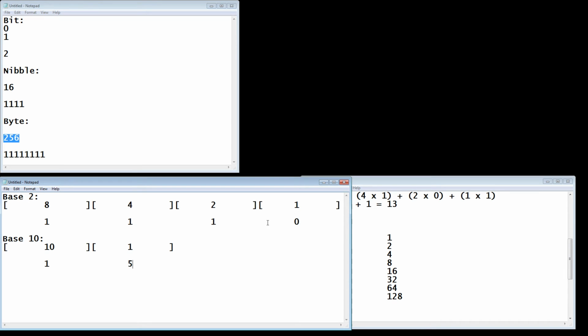All right, and there's nothing here, so let's put it right there. All right, so as you can see, you know, we're counting up in the same way, and we have to carry in the same way as the base 10 system. It's just different numbers that we're working with.